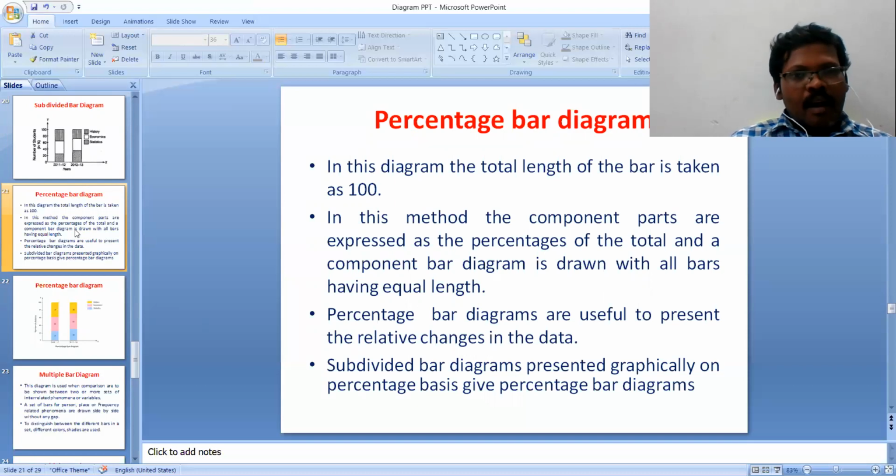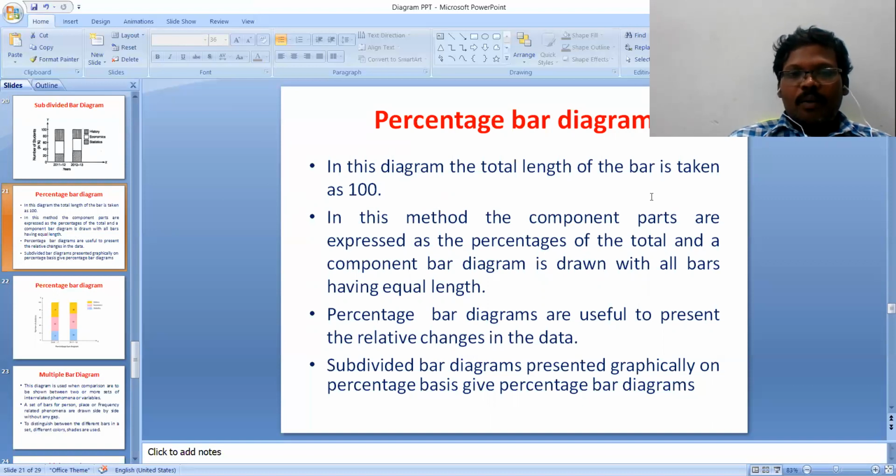Along with the simple bar diagram and the subdivided bar diagram, another category of bar diagram is called the percentage bar diagram. Of course, it also looks like a subdivided bar diagram with a little bit of difference. In this diagram the total length of the bar is taken as 100. One bar is automatically considered as 100%.